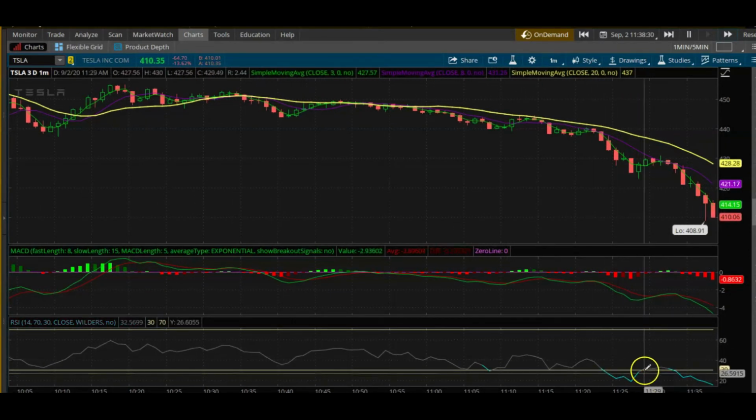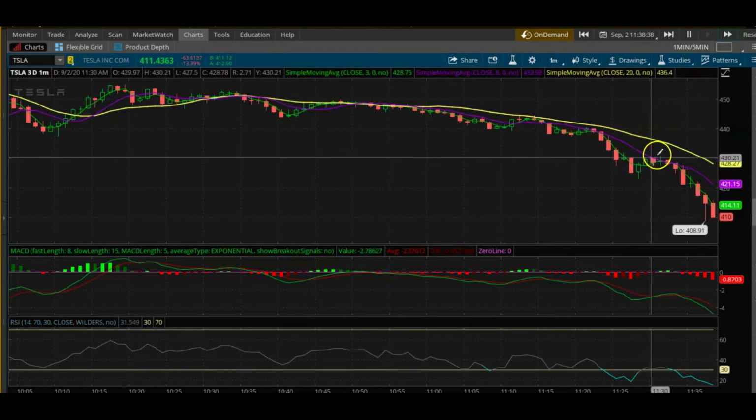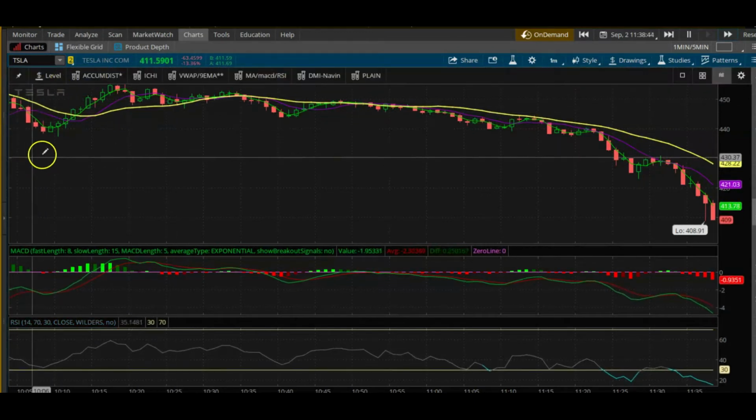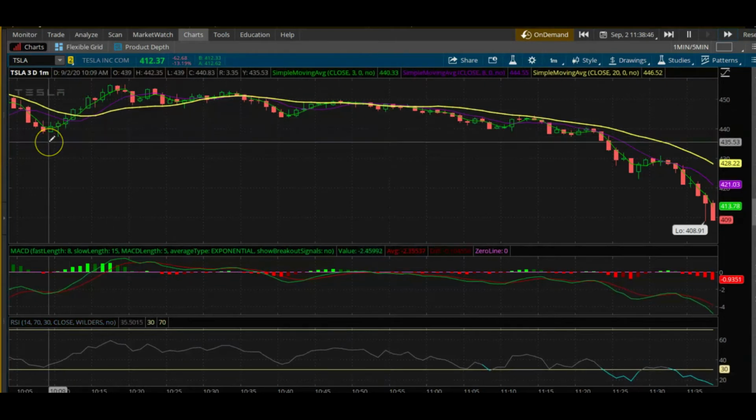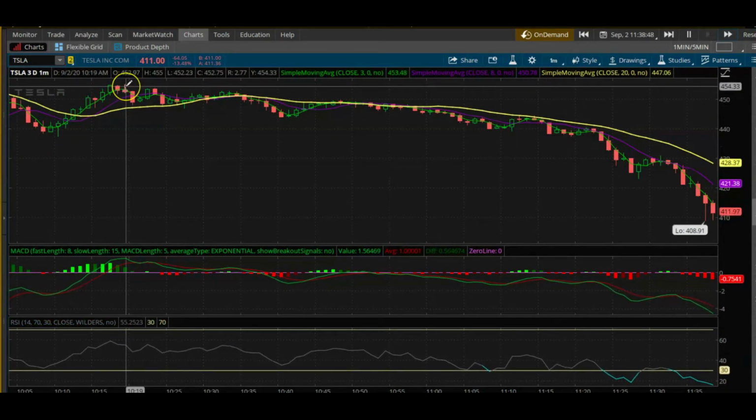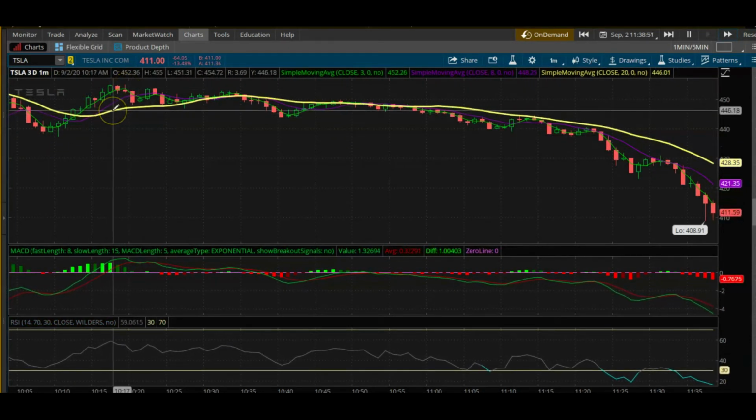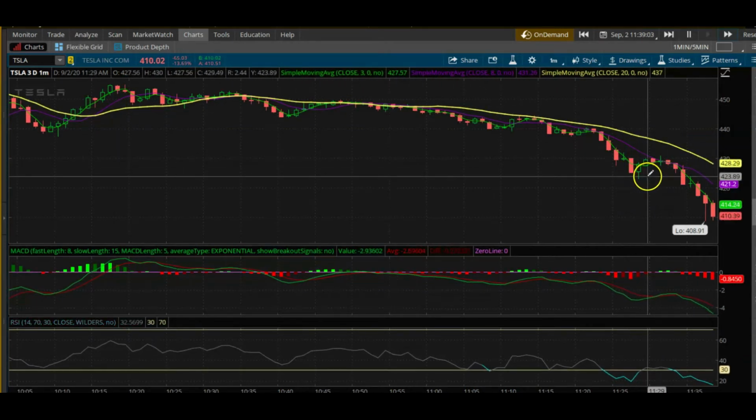Earlier on, we see an RSI crossover here, but that was very short-lived because it wasn't a true reversal. With a true reversal, we'll have a situation something like this over here, where there'll be that decisive move upwards and hopefully over the 20-day moving average. That wasn't the case here.